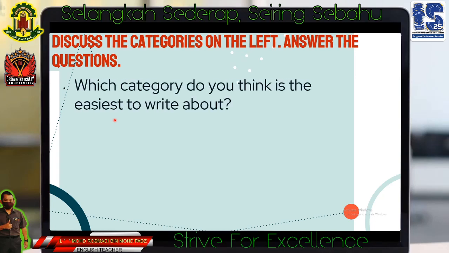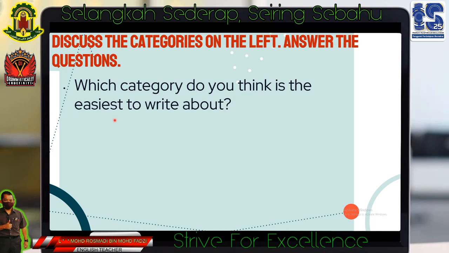So again, which category do you think is the easiest to write about? If you ask me, I will choose my family. Another one, maybe I will choose my interest, or my mates, my friends.